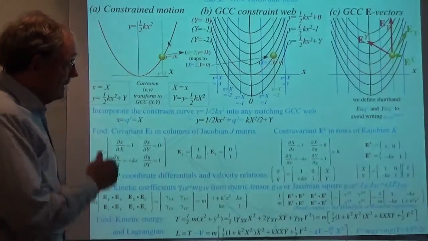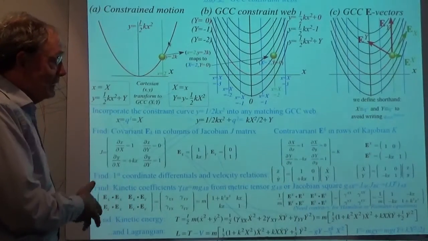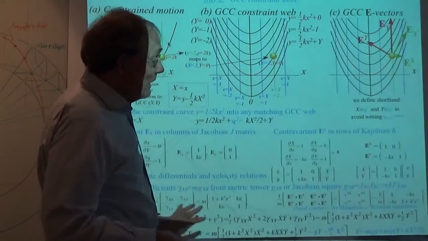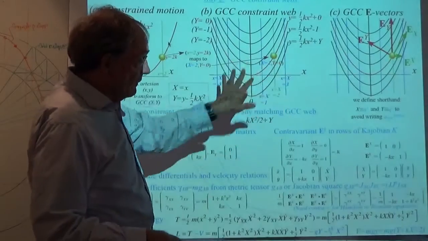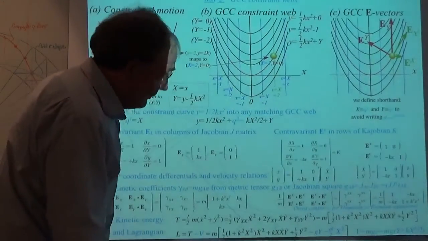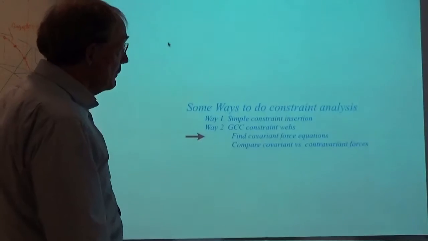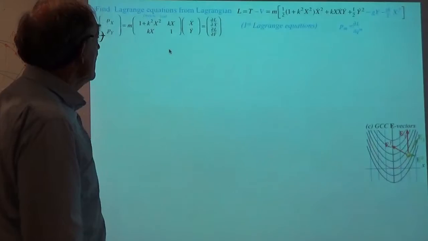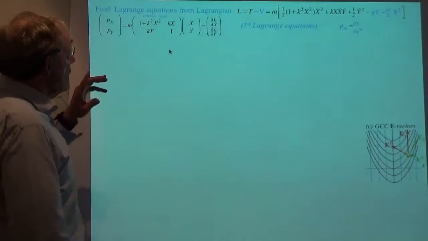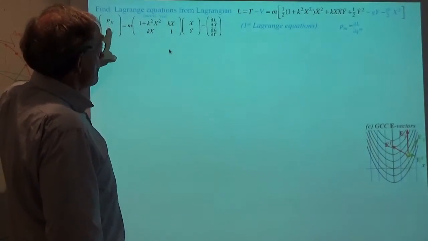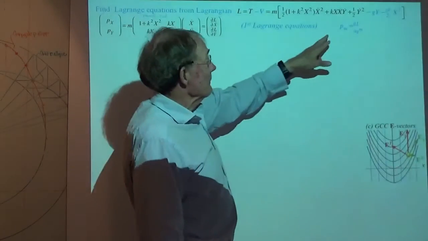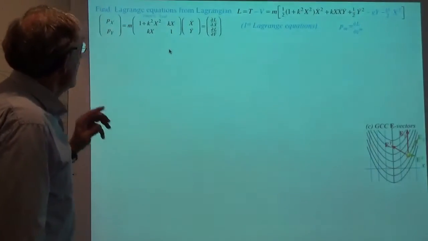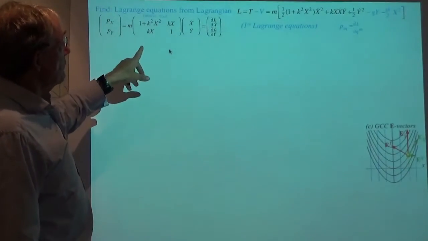Now already you can see we haven't even gotten to the point of writing a complete equation of motion yet. We've got a lot of algebra when we're doing something like this. So this is definitely not a convenient way to do constraints, but bear with me. What we've got here are the first Lagrange equations, namely momentum equals the partial derivative with respect to the velocities, and that comes out fairly nicely.